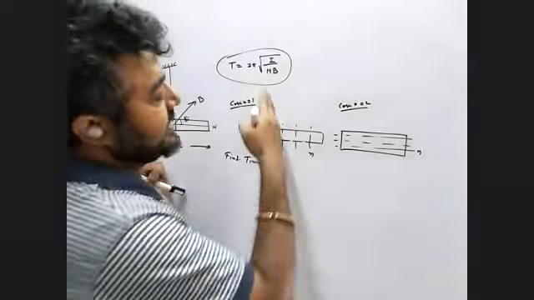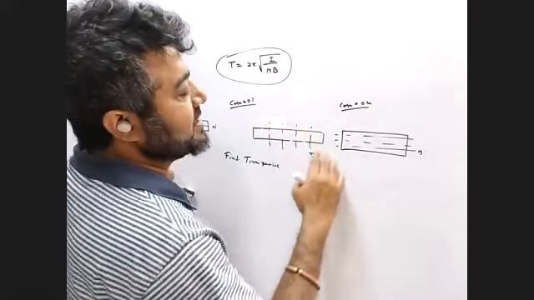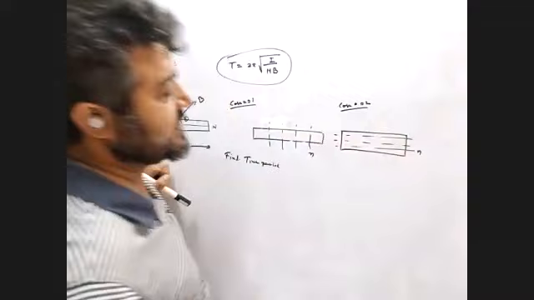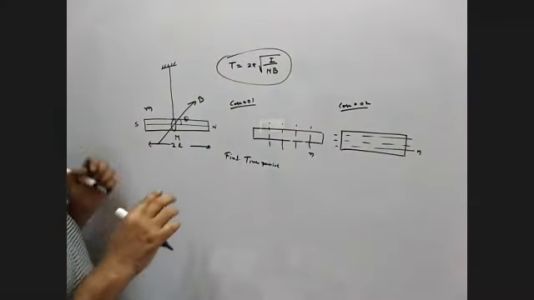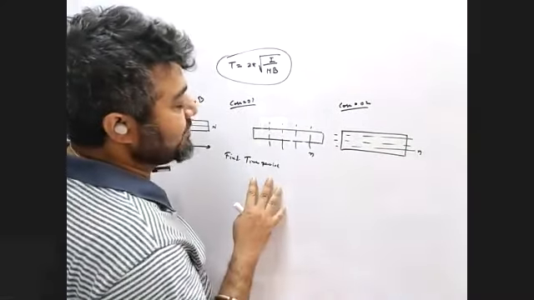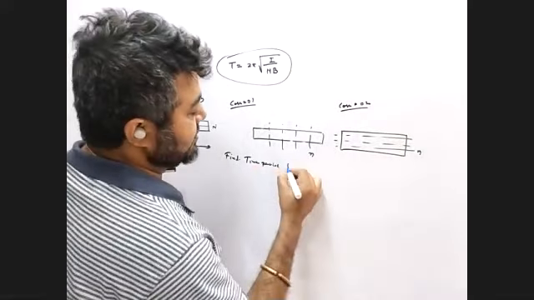So one is the vertical section and another is the horizontal section. Now find the time period for each section.